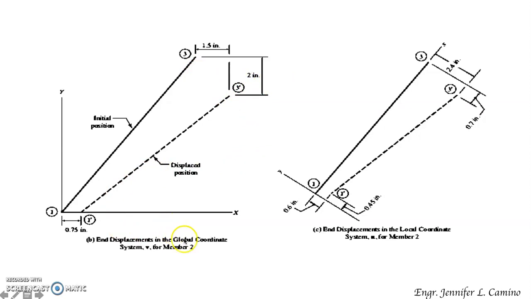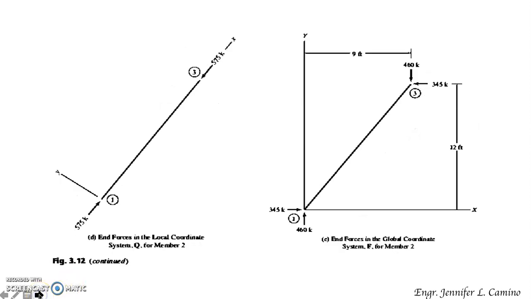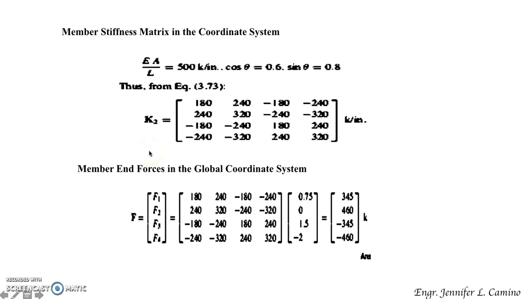So we're going to utilize the end displacement in the global coordinate system for member 2 to solve for end forces in the global coordinate system. But before we can solve that one, we have to know the value for capital K, our stiffness coefficient in the global coordinate system.